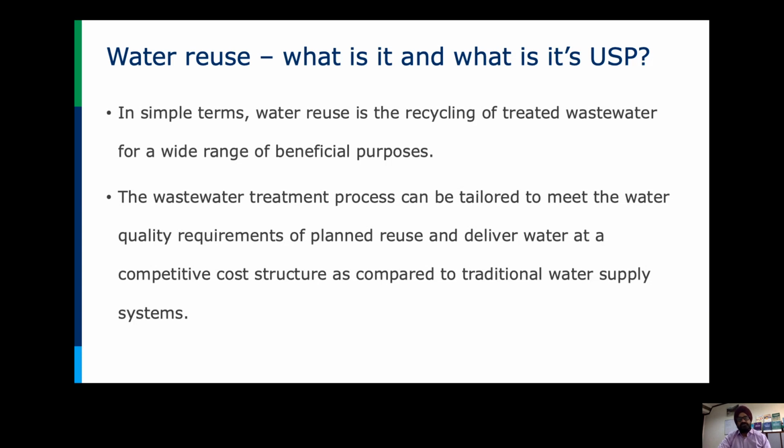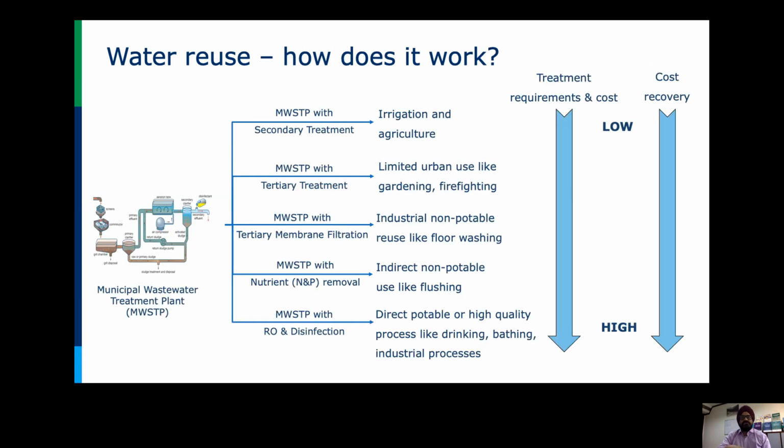Its treatment is based on the objectives or outcomes which you want to achieve. So if you want to use the treated wastewater for agriculture, irrigation, minimal gardening, or for industrial use, or for direct potable or high quality processes like drinking water, bathing, and industrial processes, there is a flow of treatment cost which moves from low to high, and also the cost recovery of treated wastewater is like this.